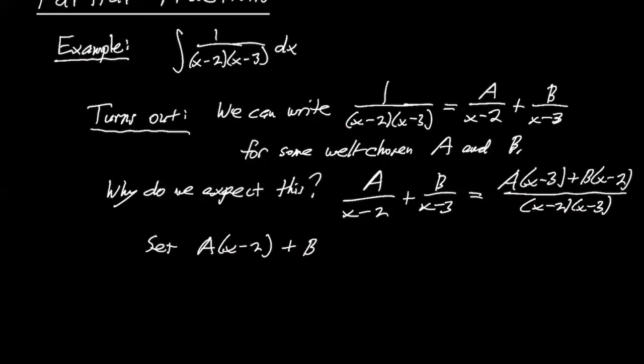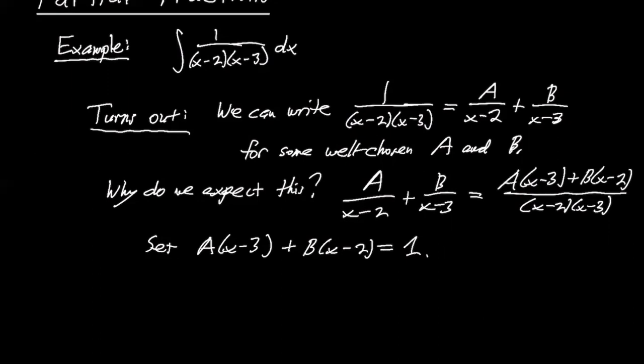This term we multiply by x minus 3 over x minus 3, so that's this term. And this we multiply by x minus 2 over x minus 2, which is that term right there. Then I just combine the numerators. Okay, sorry about that, I felt like something was wrong. Let me fix that here, x minus 3. So set this equal to 1.